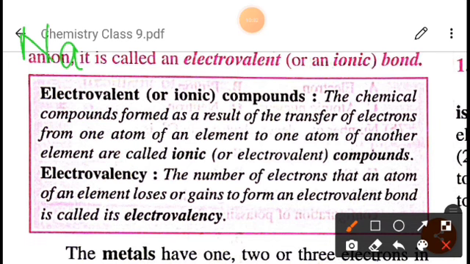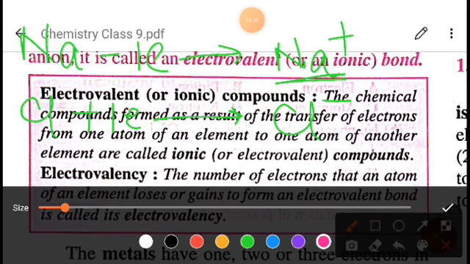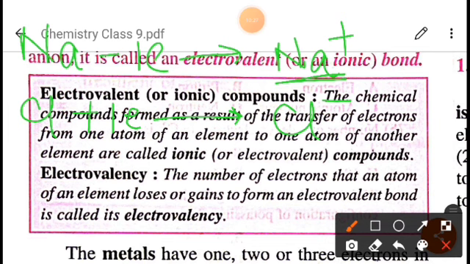Sodium has a tendency to give one electron, so it will convert into Na plus, right? And this is called a cation. Chlorine has a tendency to take an electron, and it will convert into Cl negative, right?